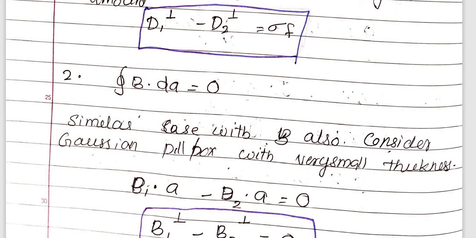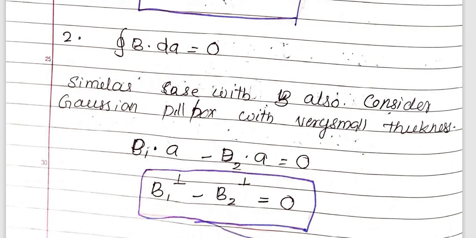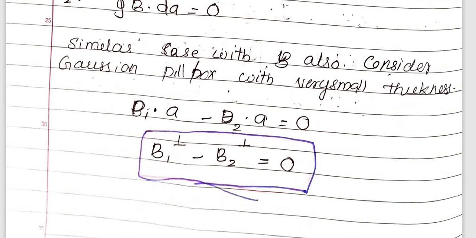That means the perpendicular component of the magnetic field is continuous at the surface, or the component of B which is perpendicular to the surface is continuous. It is not discontinuous.